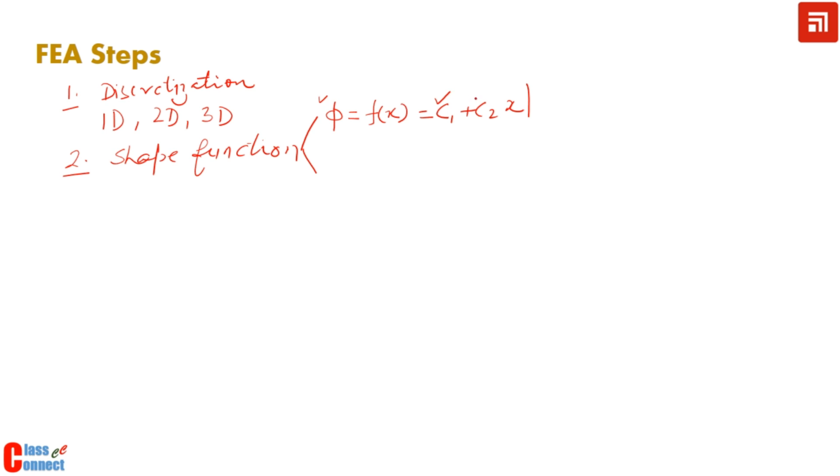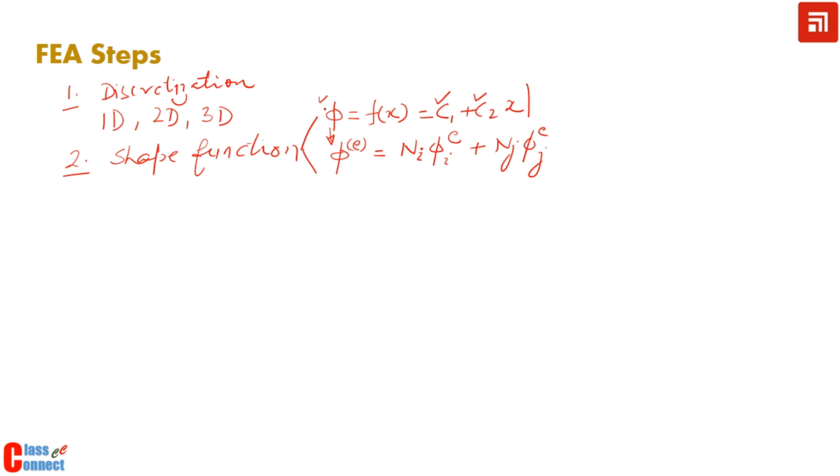We can find out the values of these constants depending on the conditions that are available for the element. These field variables for the element we can convert into the form of some other functions, and those functions are called shape functions, that we will see in our coming sessions.